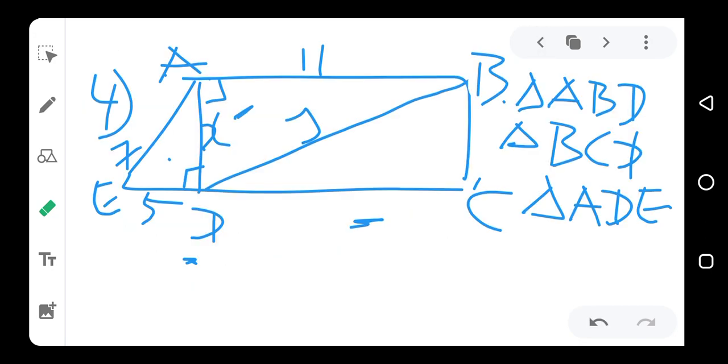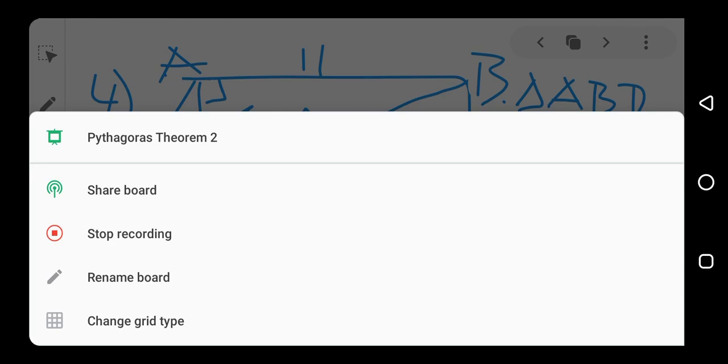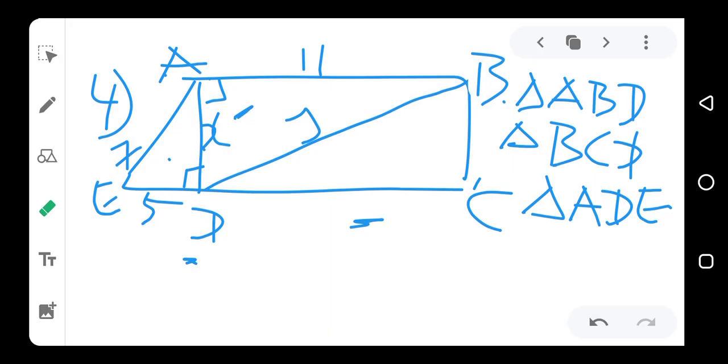We now have x as 2 root 6. Now let's look for y. For triangle ABD, we now know x as 2 root 6, and we know AB as 11, so we can get BD, that is y, since we now have two sides that are known.